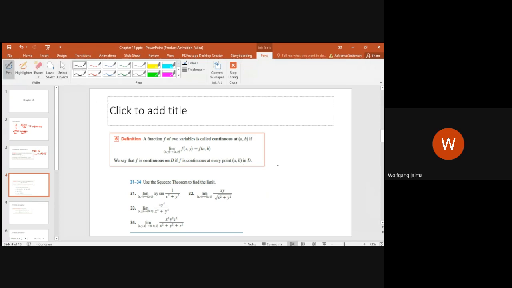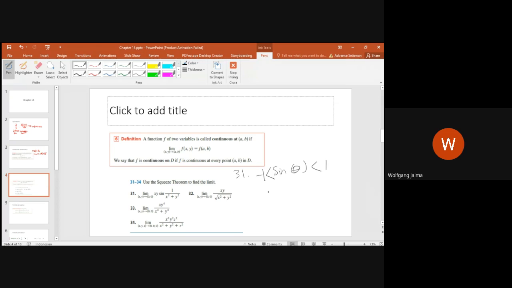So I think 31 is quite easy, right? Basically, we know that sine, whatever the value is, is between -1 and 1.